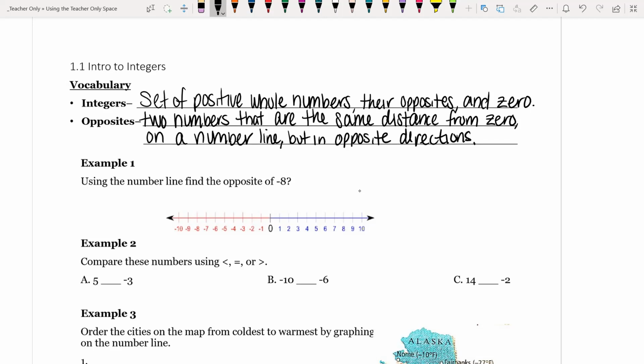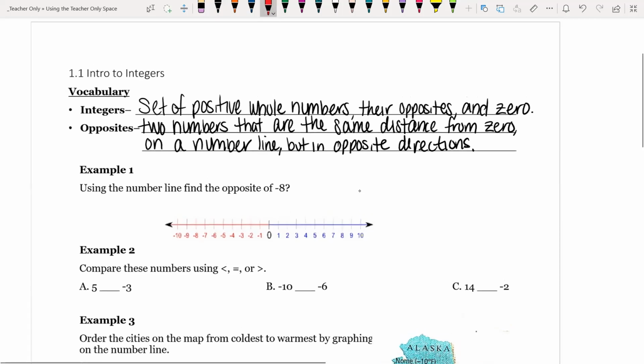So there's our definitions. So example one says using the number line, find the opposite of -8. Well, okay, let's count from zero. How far is -8? Well, it's 1, 2, 3, 4, 5, 6, 7. It's 8 places away. So we'll go 8 places forward from zero. 1, 2, 3, 4, 5, 6, 7, 8.